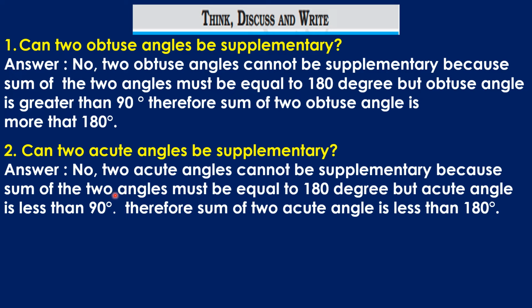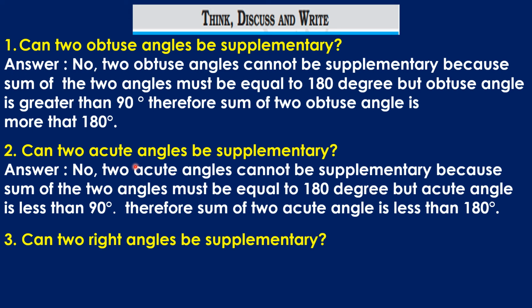Answer is no, because the sum of the two angles must be equal to 180 degree, but an acute angle is less than 90 degree. So if both are less than 90 degree, then if we add these two, less than 90 plus less than 90, it will always be less than 180 degree. It cannot be equal to 180 degree. Therefore, no, two acute angles cannot be supplementary.